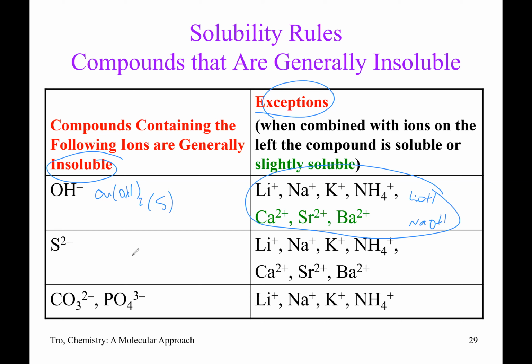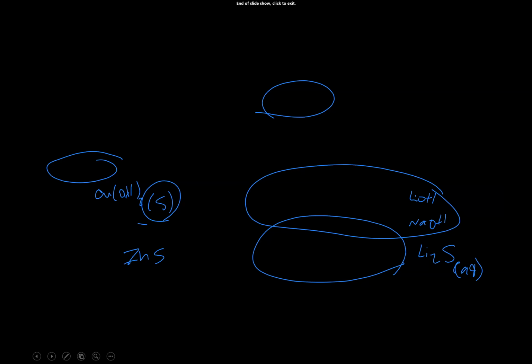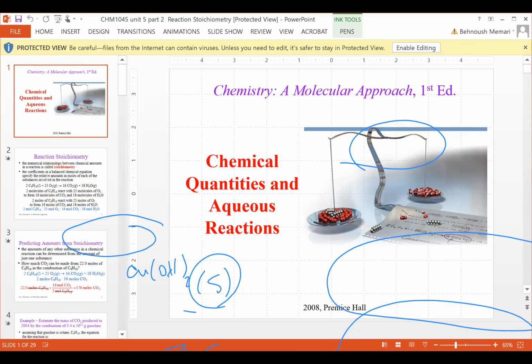Like sulfide: zinc sulfide is going to be insoluble because zinc is not in this table as an exception. But lithium sulfide would be soluble. And if it's soluble, you indicate AQ. S is the designation for not soluble. So as long as you know how to read these tables, that's the first step.